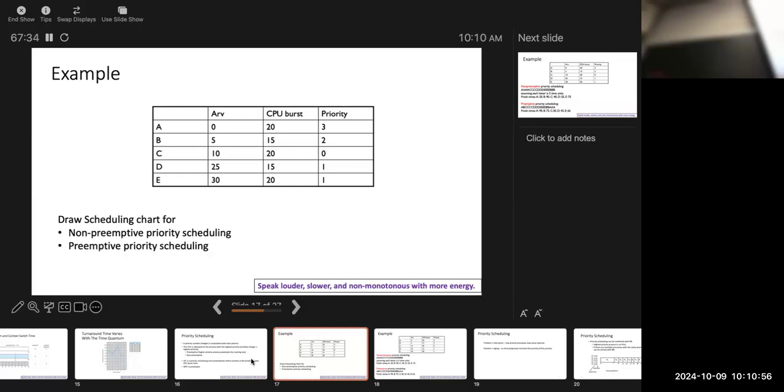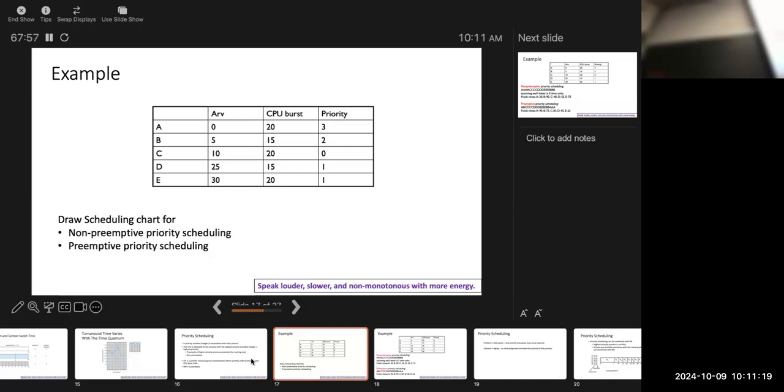Then I look at the remaining ready processes. I have E, which has highest priority. So I execute it for 20 time units. 45 plus 20, that is 65, right? Then this one is also done. Then I look again at the remaining ones.